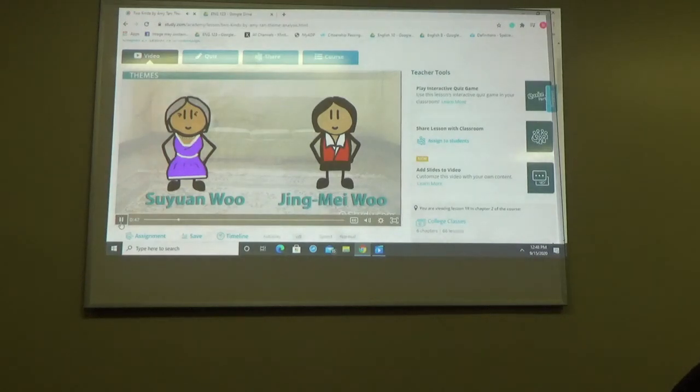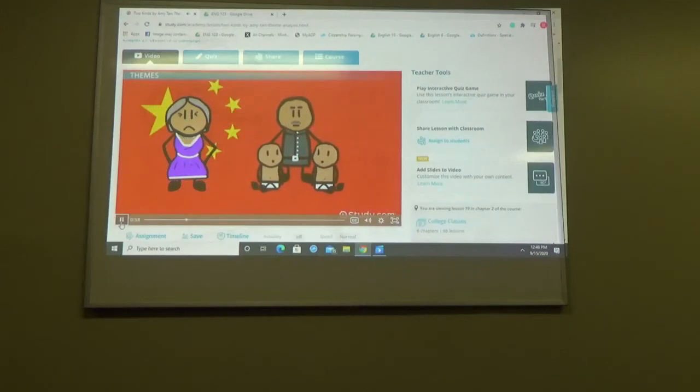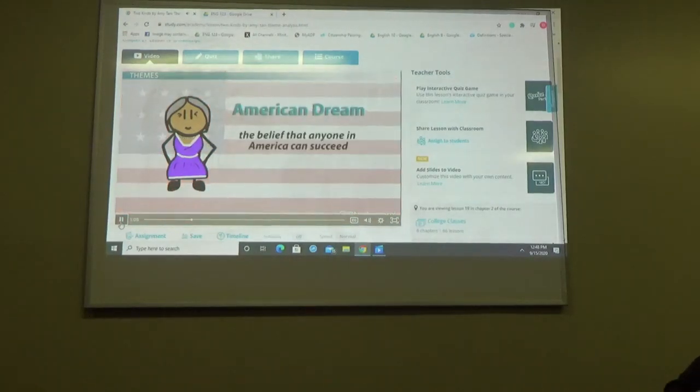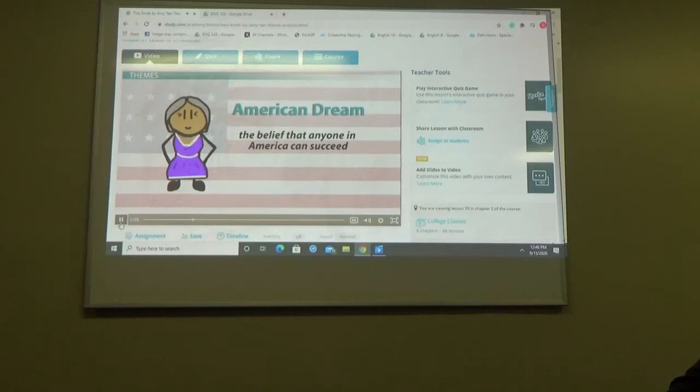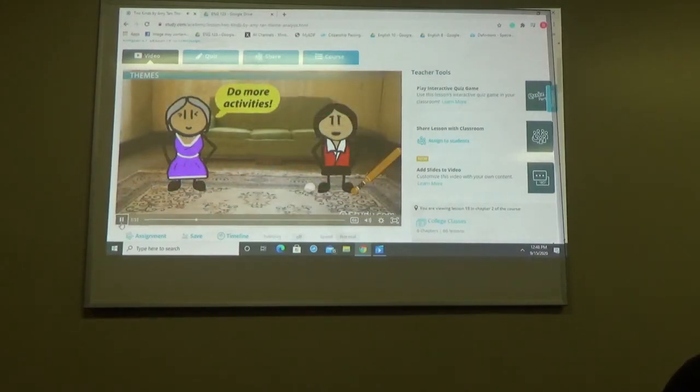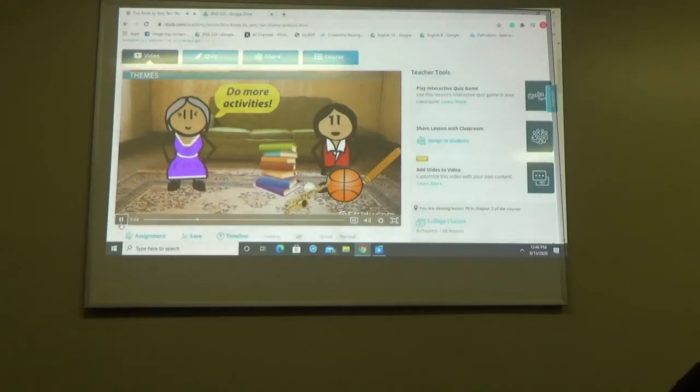In Two Kinds, Suyin believes with enough determination and hard work, children in America can become anything they want, even a genius or prodigy. Her difficult past in China, during which she lost her first husband and 2 babies, plays a large role in the hopeful way she embraces the American dream, or the belief that anyone in America can succeed. Suyin pushes Jingmei into various activities, hoping that one will reveal a hidden talent.